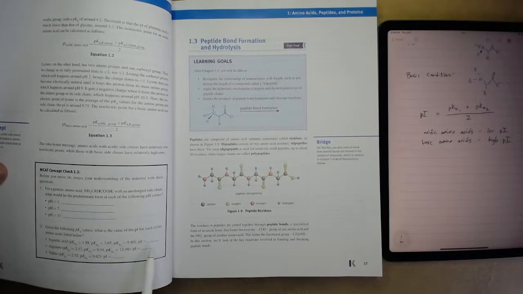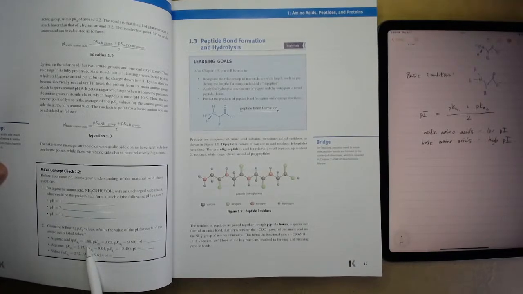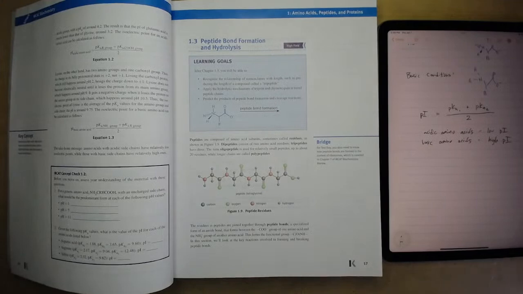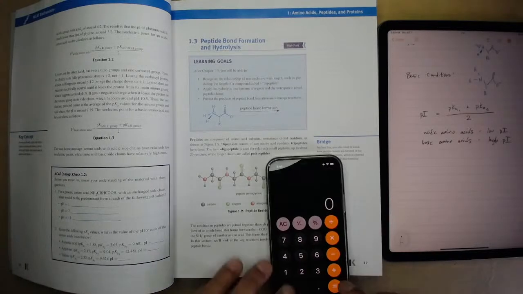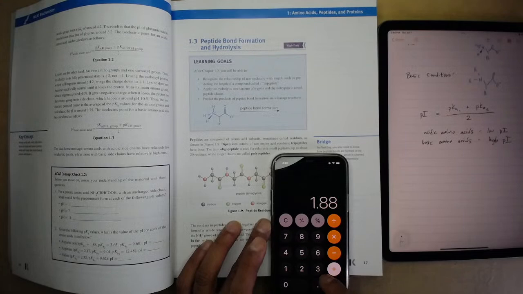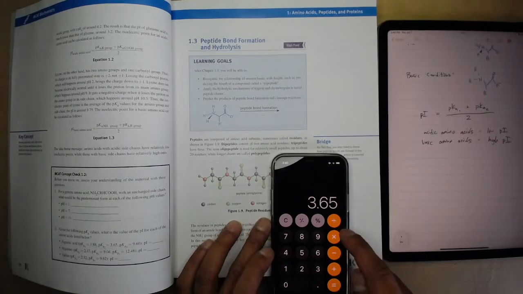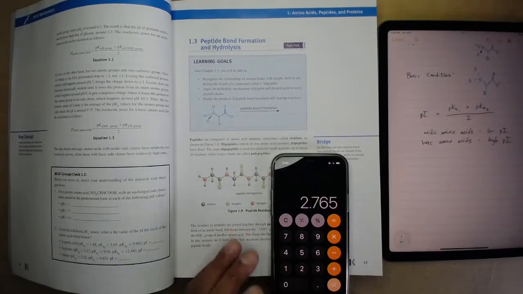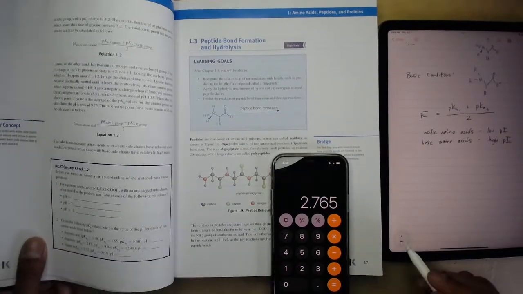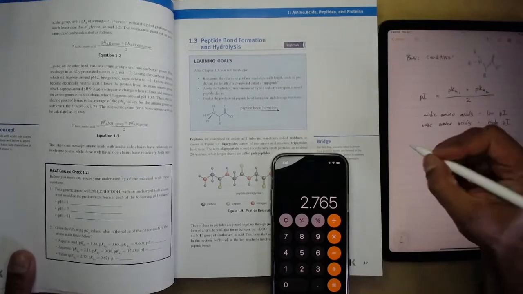And so its pI would be around 2. We could throw this into our calculator to get an exact number. We'll take 1.88 plus 3.65 divided by 2. That gives 2.765. Should we write that down? Let's write that down.